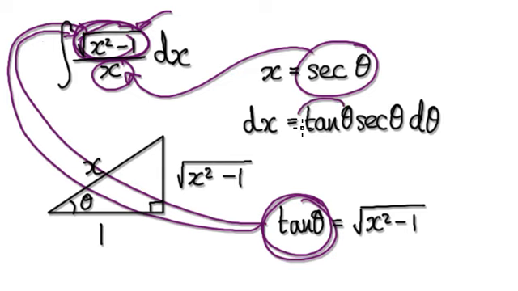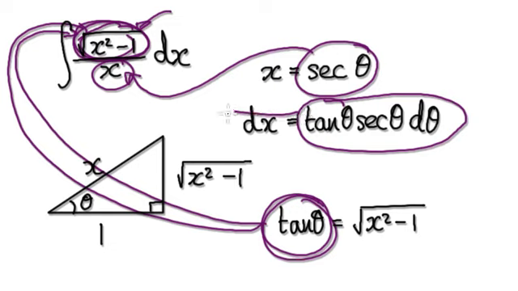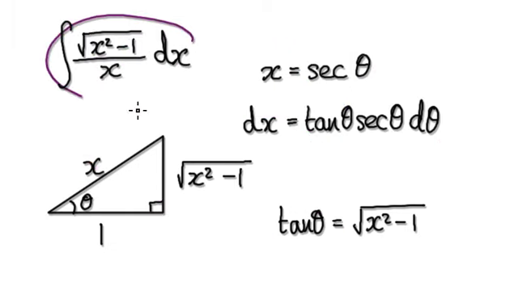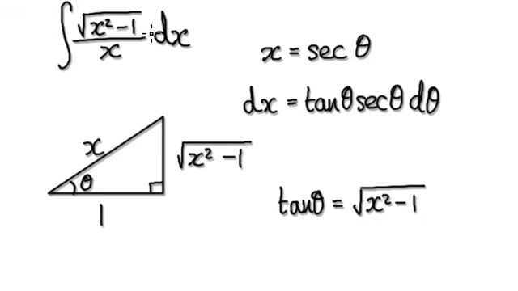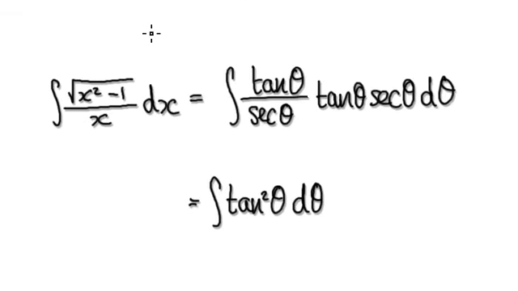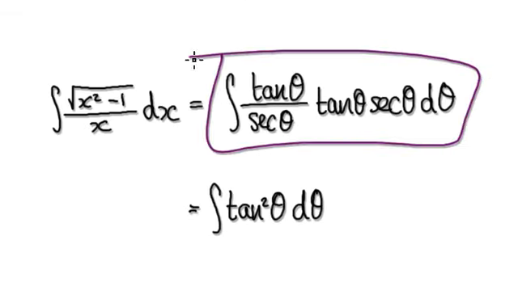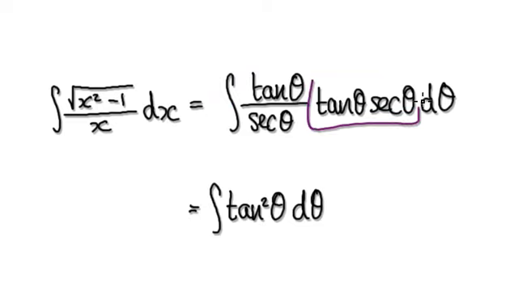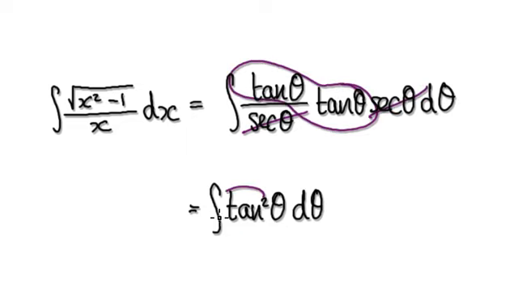Well, dx equals this thing here. We can put the dx into this thing here. Then the whole thing will become this. And then this thing here gets multiplied to the top, and these two will cancel out, leaving you with tan squared of theta.